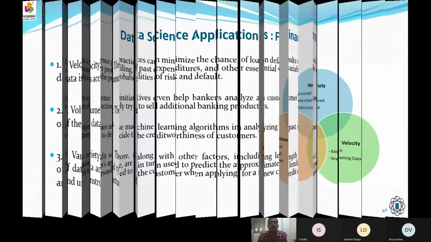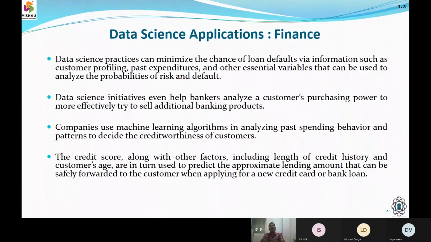So where exactly are we going to have some applications for data science? Some applications for data science can be, one, the finance domain. In the finance domain, people will look at whether a person can be given a loan or not. How are we going to check? We are going to see the person's credit score and how the account is maintained.